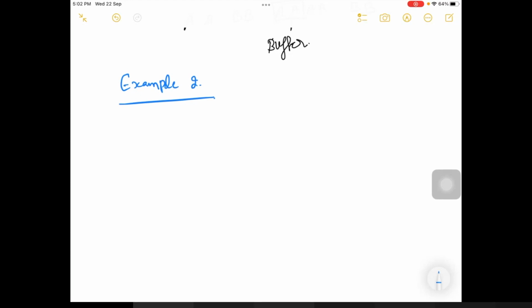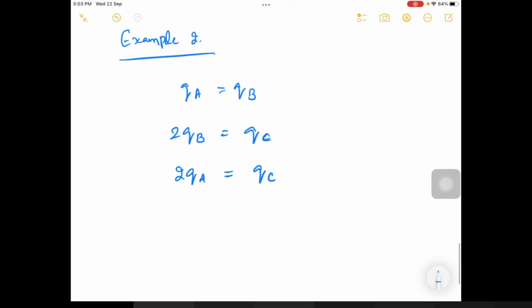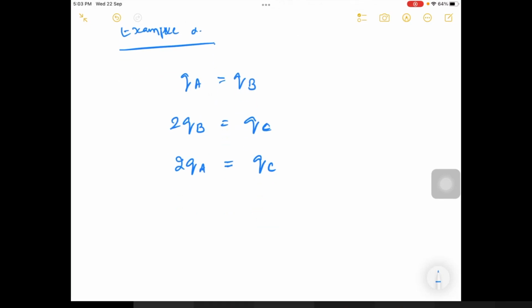So let's say QA equals QB. Then 2QB equals QC. Then 2QA equals QC. So we have a logic like this. We have three actors A, B, C. Among that, QA equals QB, 2QB equals QC, and 2QA equals QC.